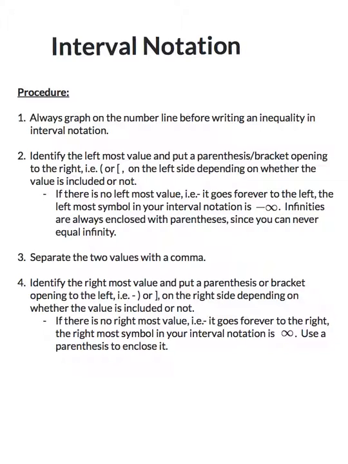If there is no rightmost value, meaning it goes forever to the right, the rightmost symbol in your interval notation is infinity, and you will want to use a parenthesis to enclose it, again, because you cannot equal infinity. So let's look at some examples so that we can make more sense of what this says.